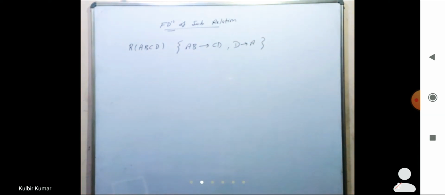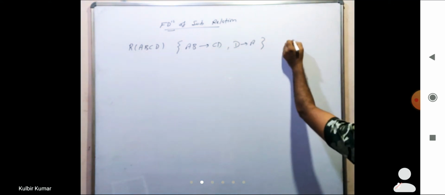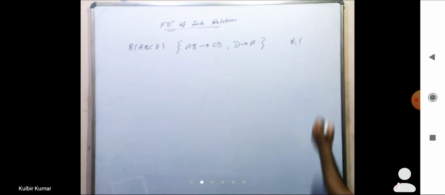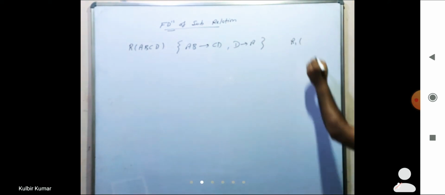Then it is asking what are the non-trivial functional dependencies in the sub-relation R1, which has attributes B, C and D.